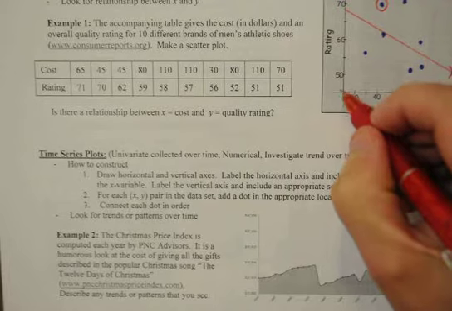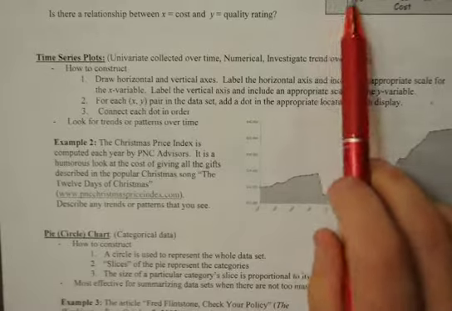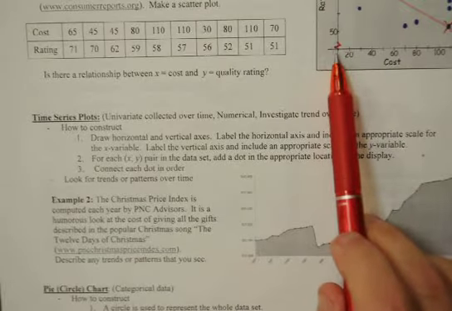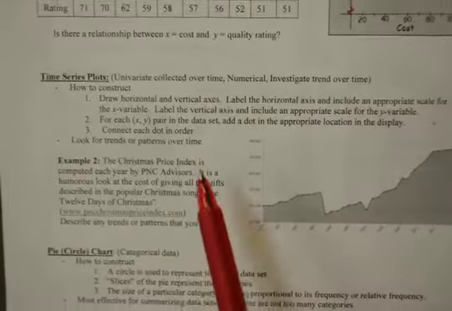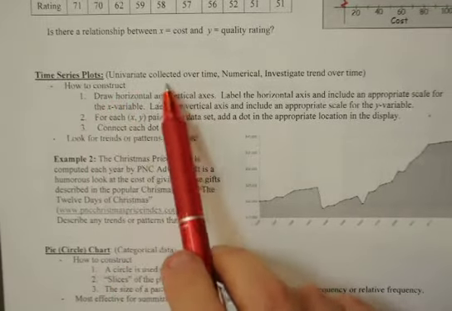But a lot of times you'll see a notation like this, which will tell the reader that the axis doesn't start at 0. And same thing down here. It means it doesn't start at 0. Time series plot.